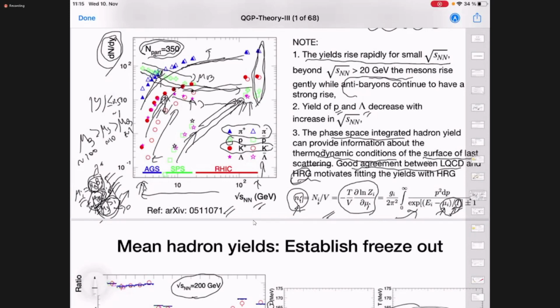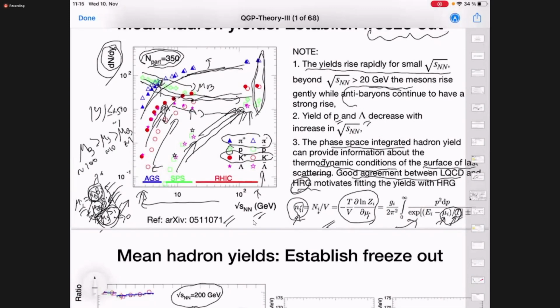And that rise is driven by the rise in mu b, which physically is happening because of what is known as baryon stopping, right? As you go to lower energy, at the time of collision, the baryon transparency decreases, and more baryons or more participants get deposited in the mid rapidity region itself. And so the fireball carries larger net baryon charge.